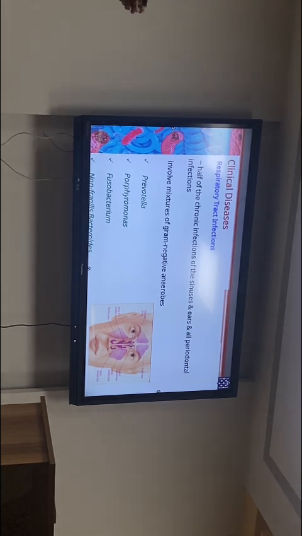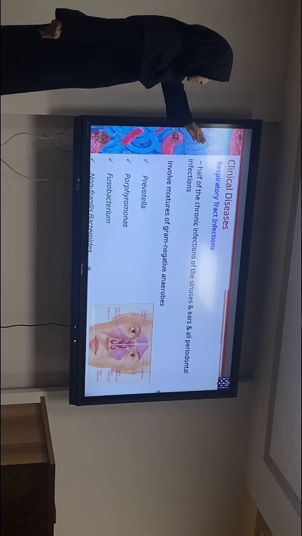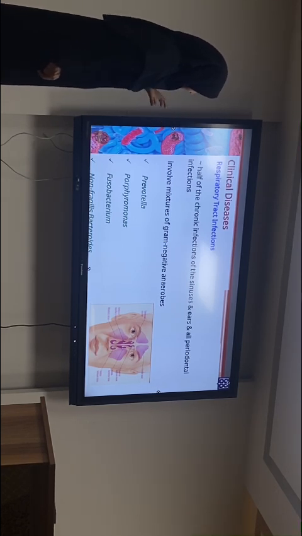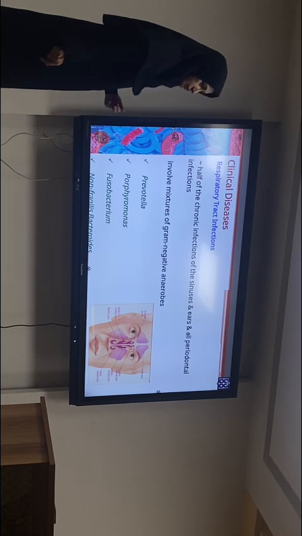Which diseases are related to these bacteria? At first, respiratory tract infections. These bacteria can cause respiratory tract infections.